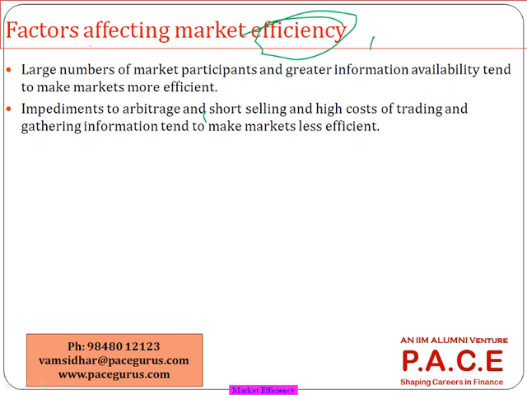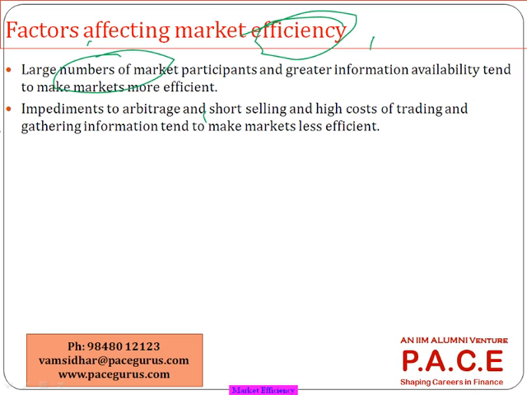What is observed is if there are more number of market participants, the market efficiency will be very high because there will be a good number of buyers, good number of sellers, right? Some people may say it will go up, some people may say it will go down. So buying, selling will happen to the fullest in that kind of market, right?